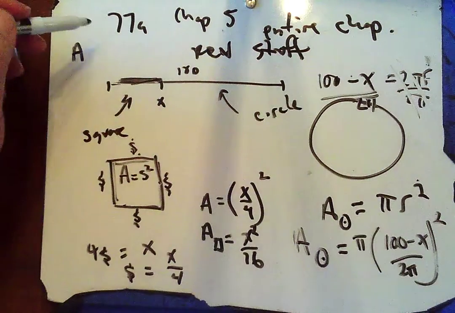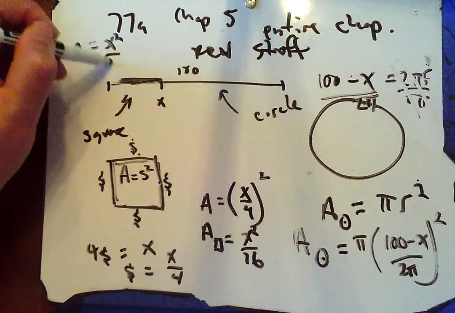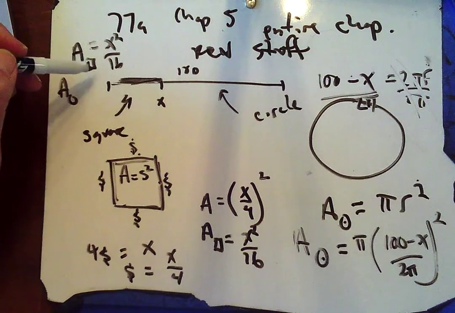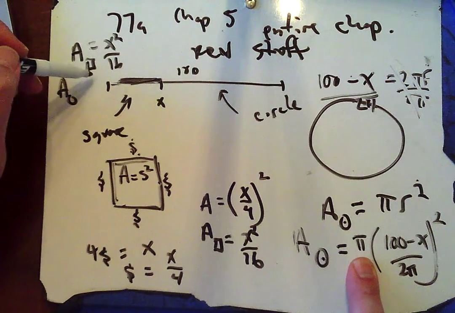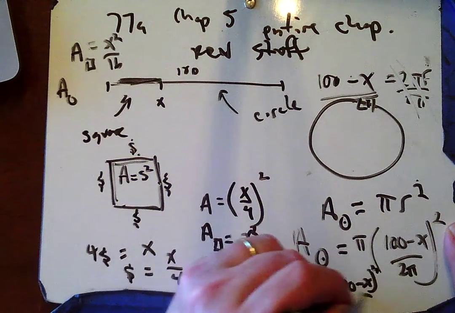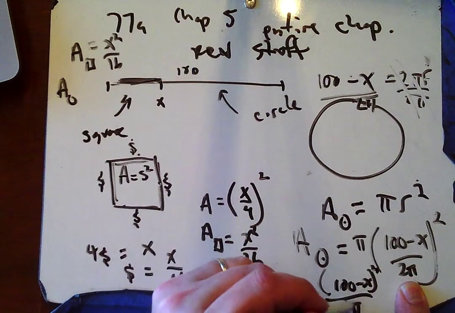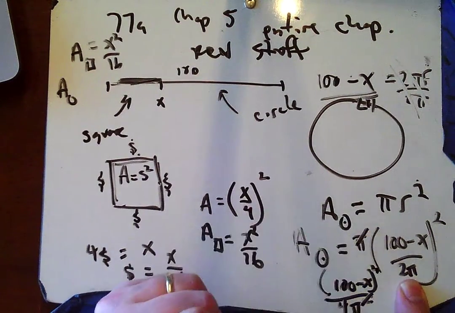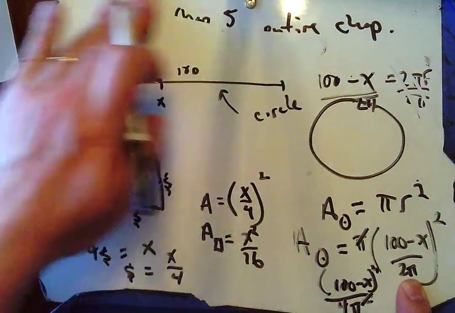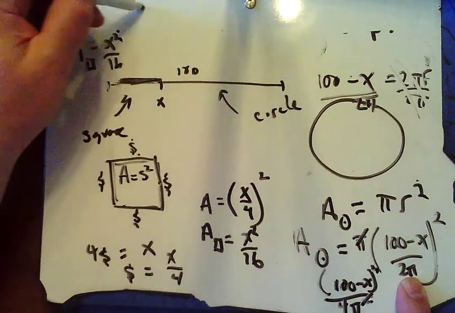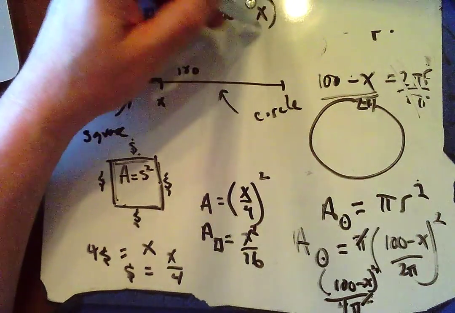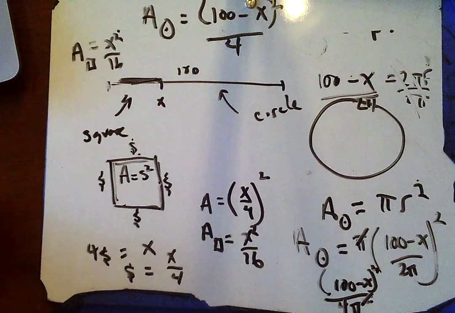Okay, so we've got area of the square is x squared over 16, and area of the circle is, well, we could tidy this up. We've got 100 minus x squared on top. And if I square here, I have 4 pi squared. And that pi will cancel. So I'm thinking that the area of the circle, then, is going to be 100 minus x squared over 4.